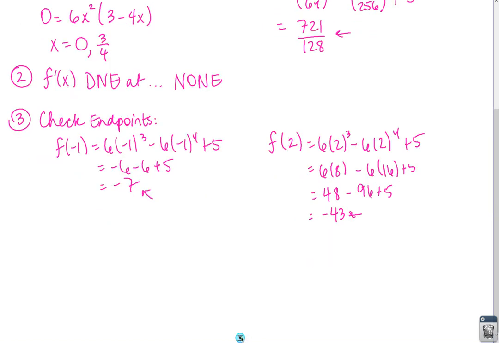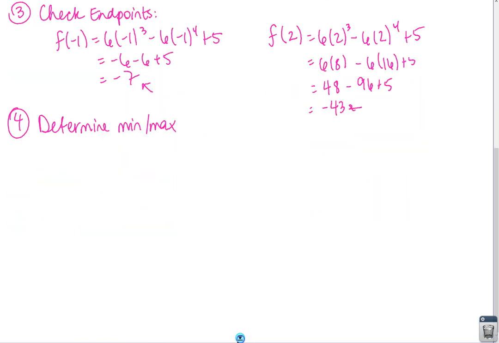To make sure I collect them all together, I'm going to put them in my nice little table to determine. So x, f of x, I started out at -1, but I also had 0, 3/4, and 2.